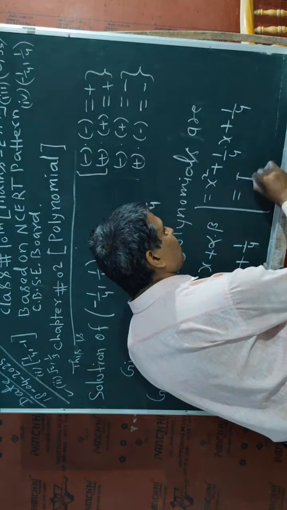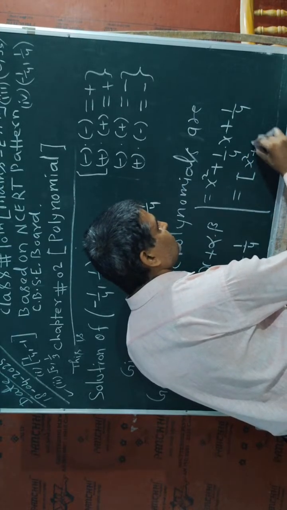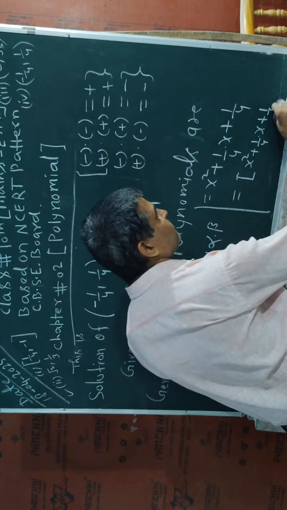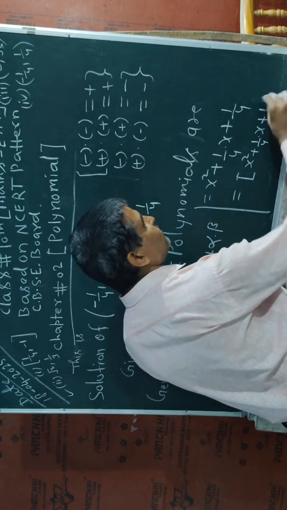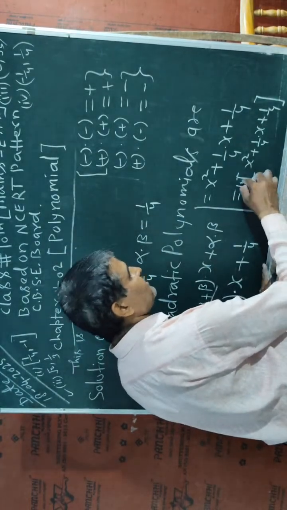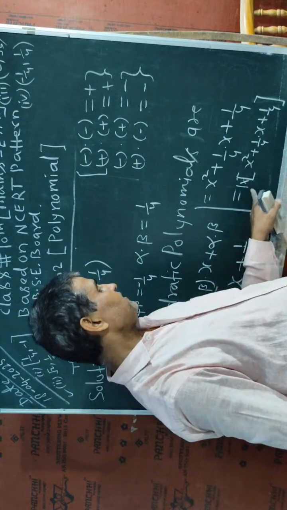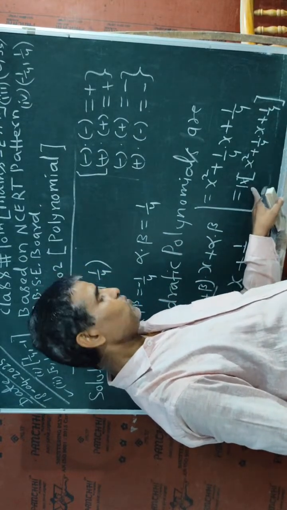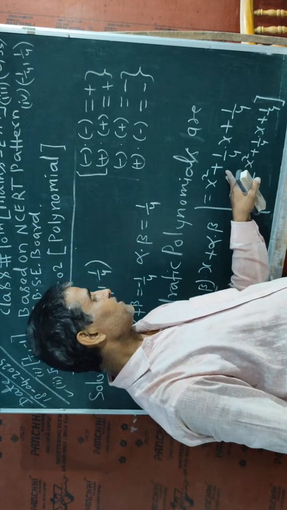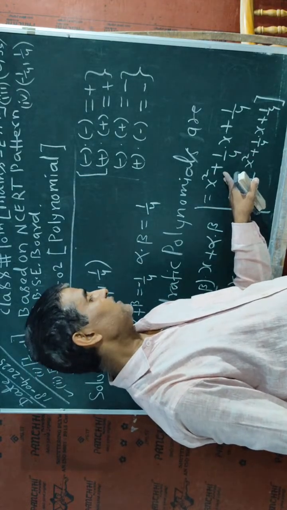I will put in the bracket x square plus 1 by 4 into x plus 1 by 4. Okay student, so after simplifying, now I am going to multiply 1 with this expression. So this expression will be multiplied by 1, so there will be no change. The same particular quadratic polynomial I will obtain.